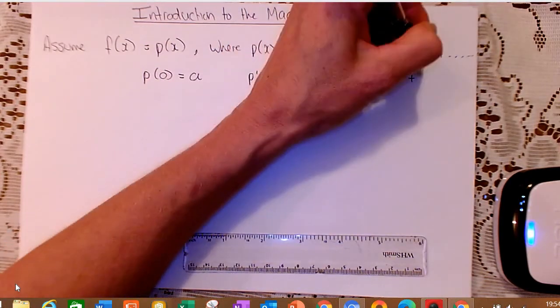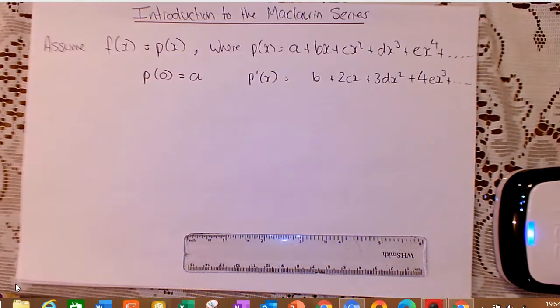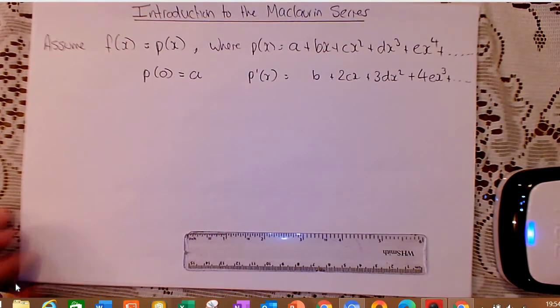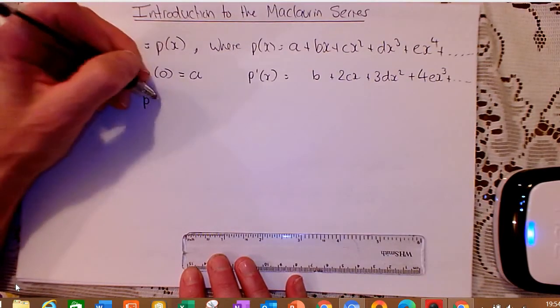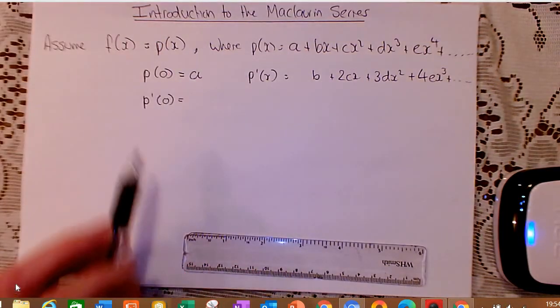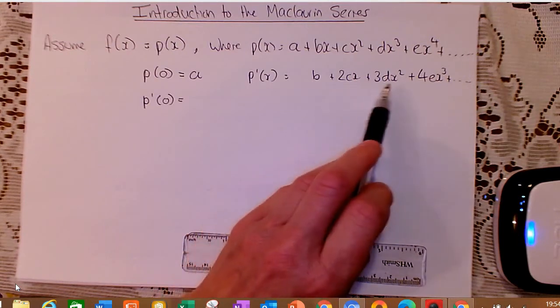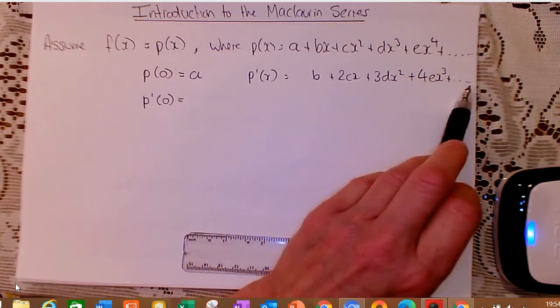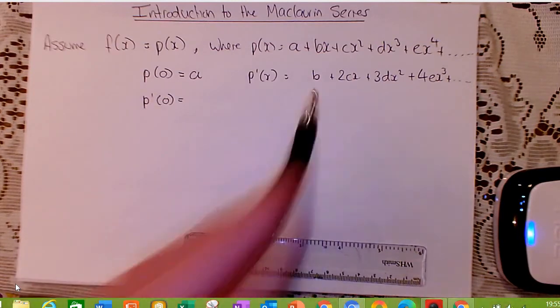This is going to be 4ex cubed, etc. And then let's see what happens at the first derivative when x equals 0. Well, if I put 0 into all of this, anything including x will get cancelled out, and the only thing left in this case is b.